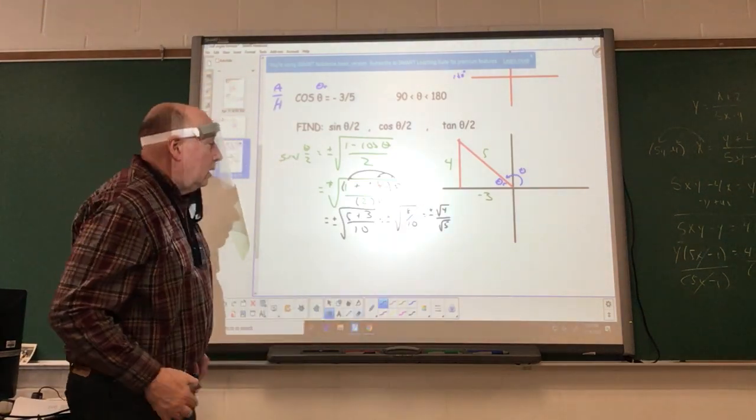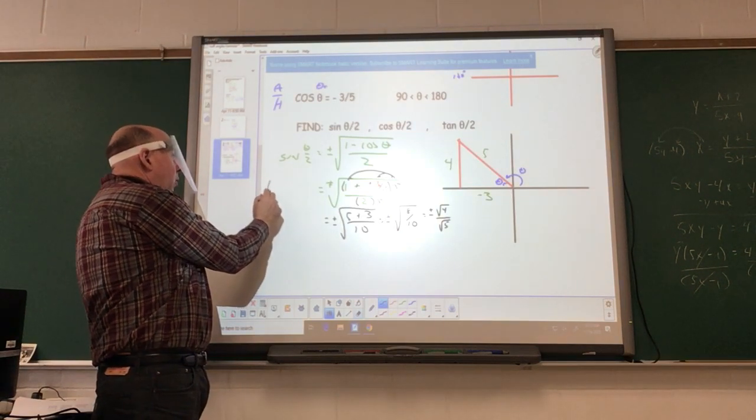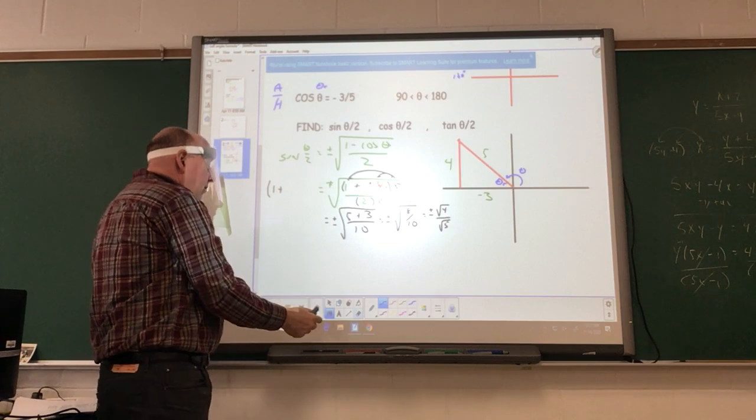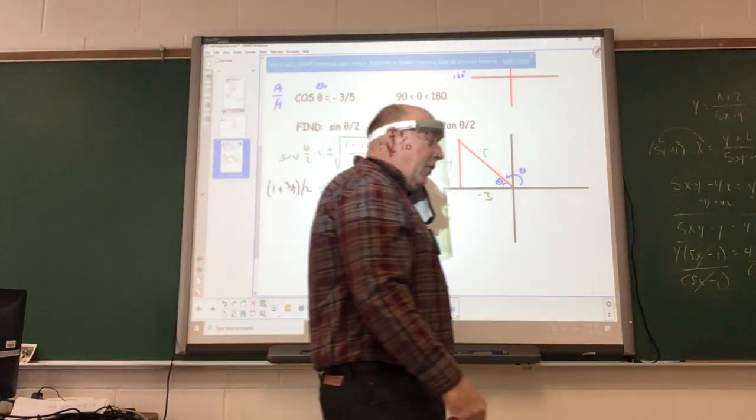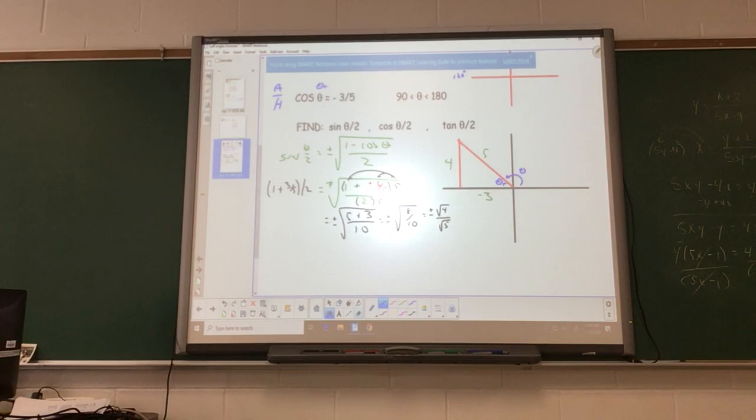Once again, if you click into your calculator, 1 plus 3/5 as a quantity, divided by 2, hit your math button, hit enter, it will come back to your 4/5.